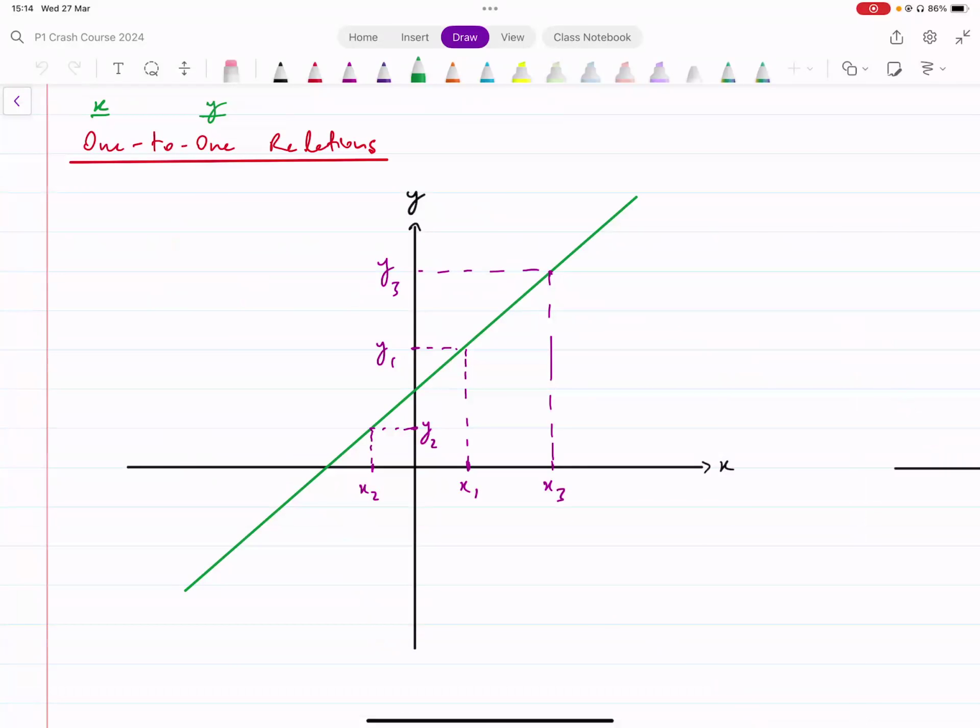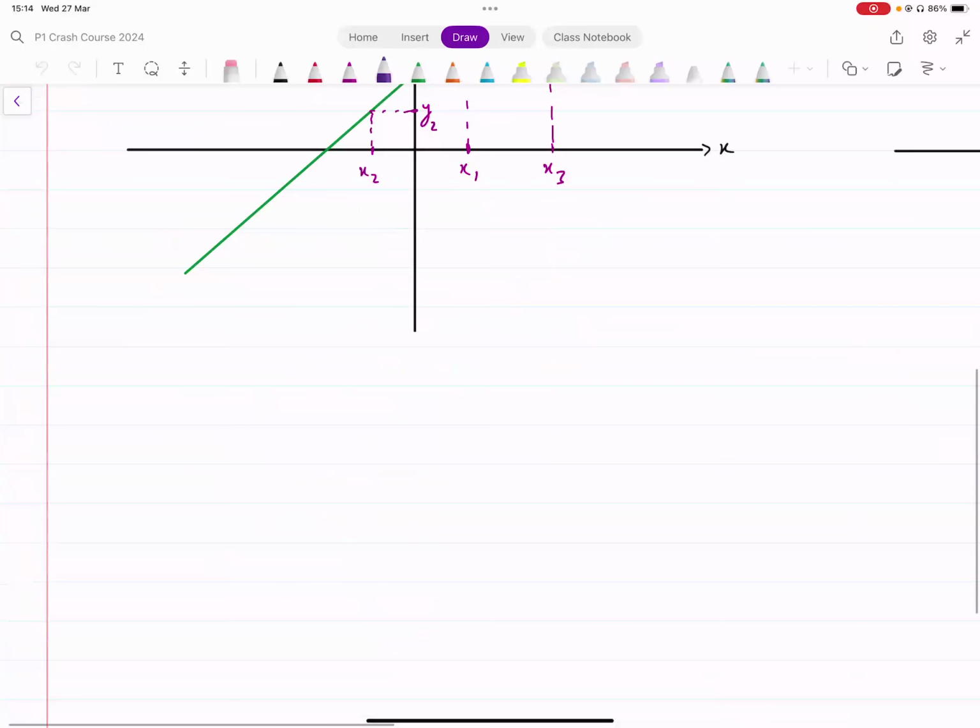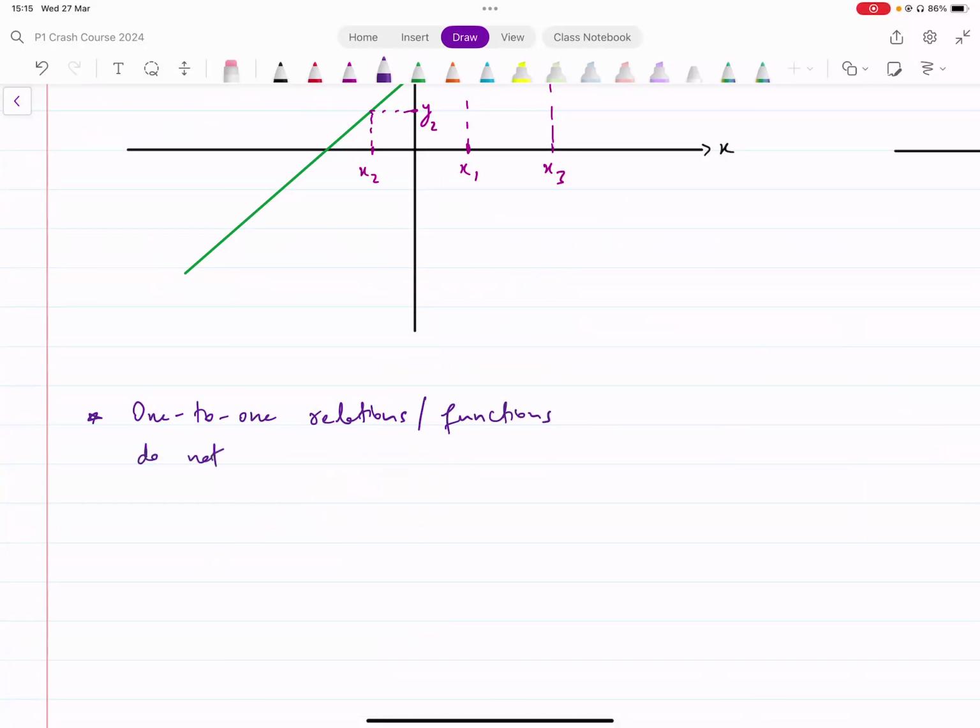Now, there's something that's interesting about these one-to-one functions, and that is one-to-one functions do not have any turning points.